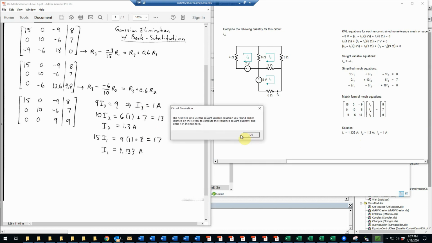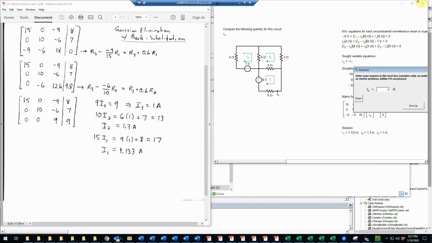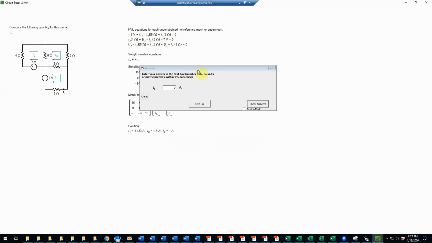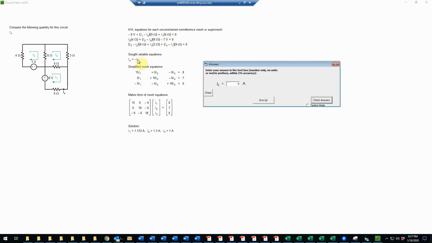And now the next step, it tells us, is going to be to use the SOT variable equation I found earlier, which is very simple, just I naught is minus I1, to find the value of I naught, which was our objective. So I0 is simply the negative of the I1 value. Those values have been printed down here for us. So that's easy.